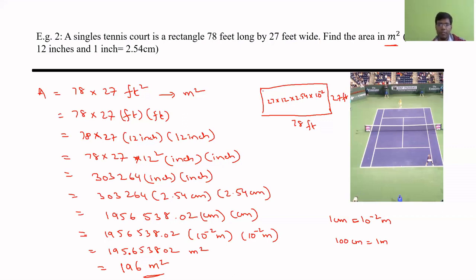So these many meters is the width. And again here, 78 multiplied with 12 multiplied with 2.54 multiplied with 10 power minus 2. So these many meters multiplied with these many meters will give me the area in meter square. Either way we can proceed with this question.